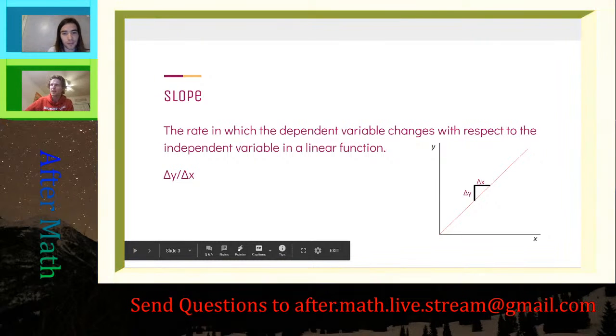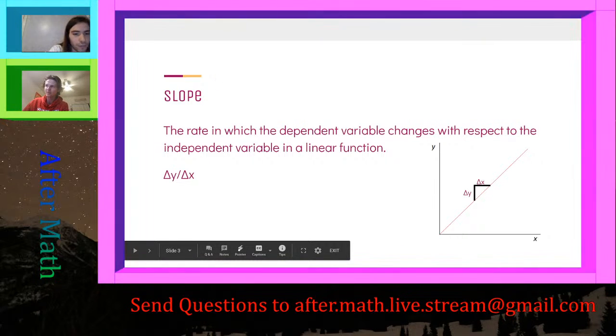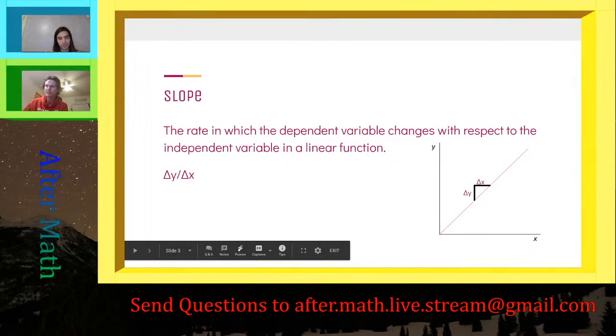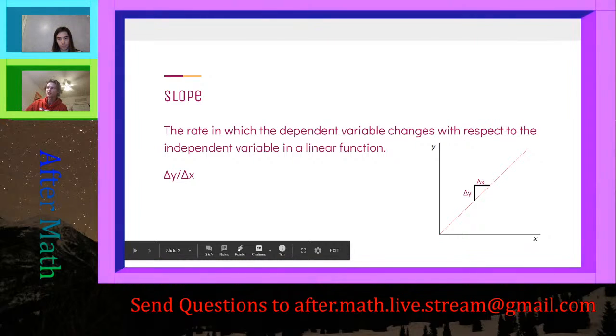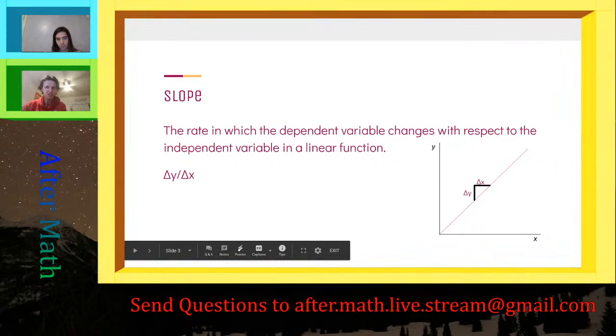Okay, so are we on slide 2? All right. So the delta, that's just a triangle. So we have delta y over delta x. So this is equal to, if we have two y values, y2 minus y1 over x2 minus x1. As I was saying earlier, the change is just a subtraction problem.